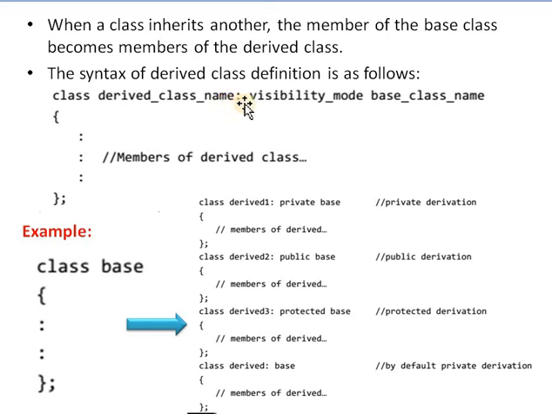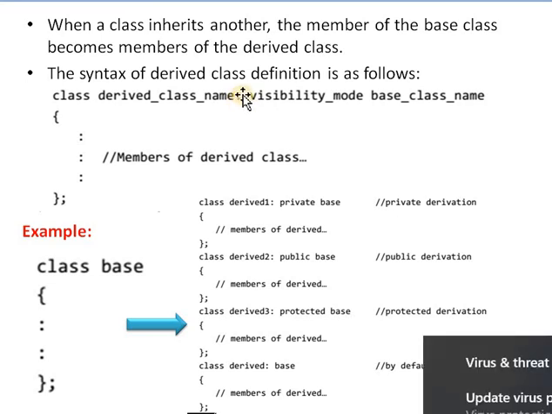Then next is the colon. The colon indicates that the derived class is derived from the base class.